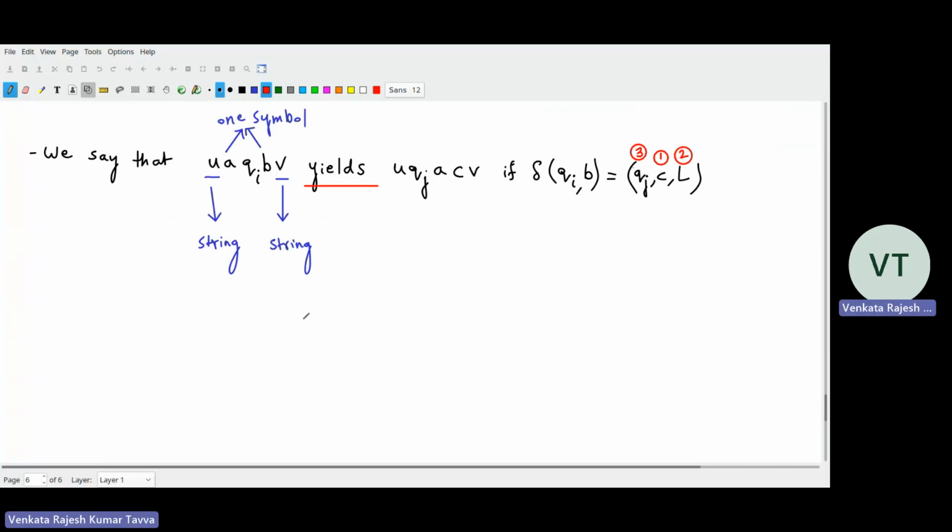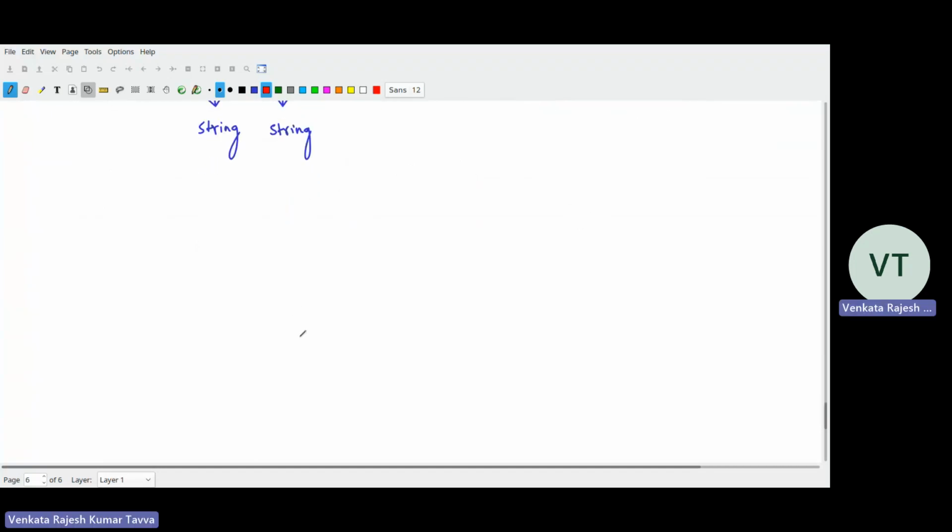Okay, so let's break it down further. Suppose I start with UA QI BV. It is finally updated to U QJ A CV, but you can still break it into sub steps. First, B is replaced with C, so it becomes UA QI CV.